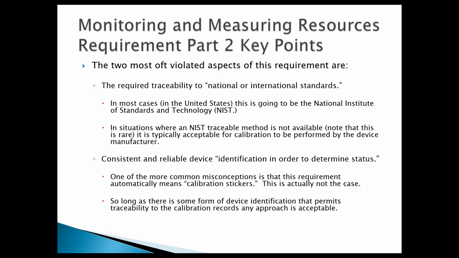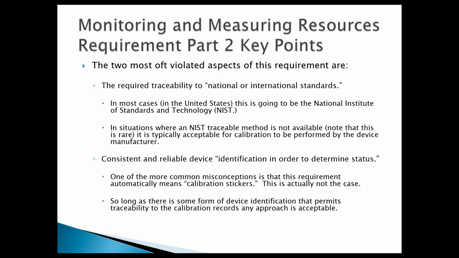Also, consistent and reliable device identification in order to determine status. This means that the device itself is identified to determine status. It does not necessarily mean calibration stickers. I think we still have a couple of old school auditors out there that occasionally will say that you're supposed to have calibration stickers.